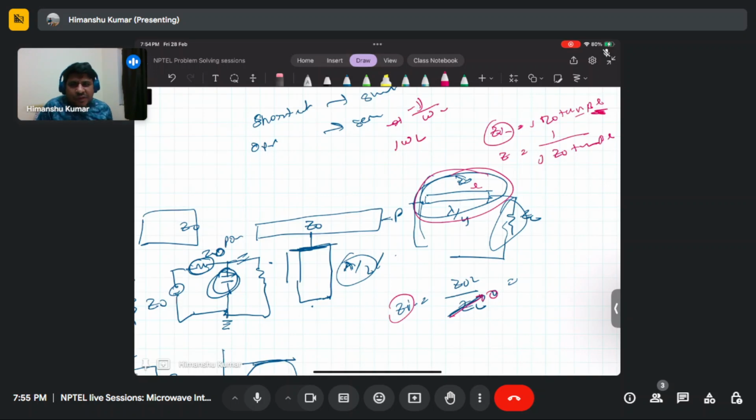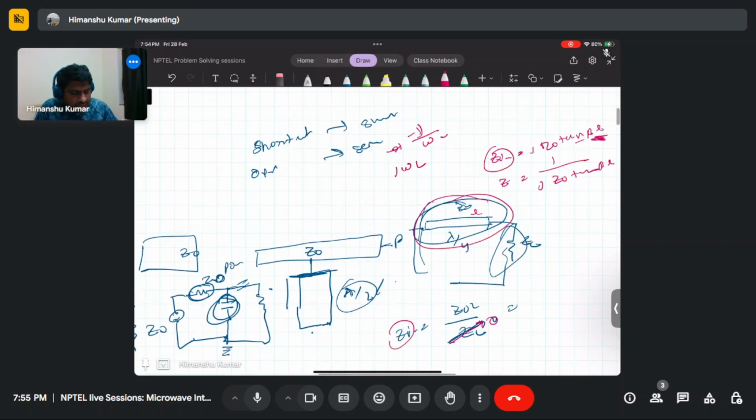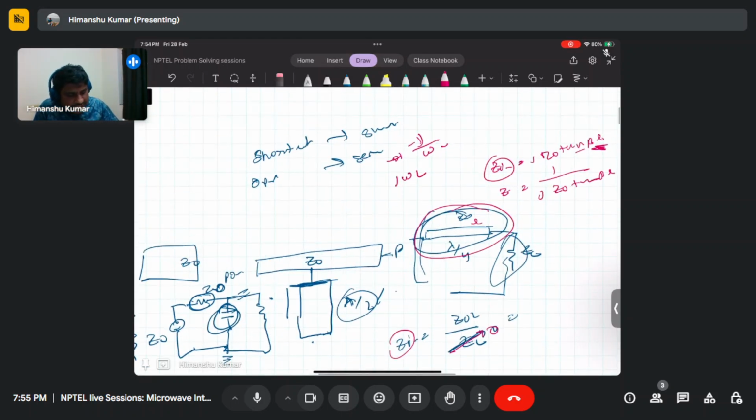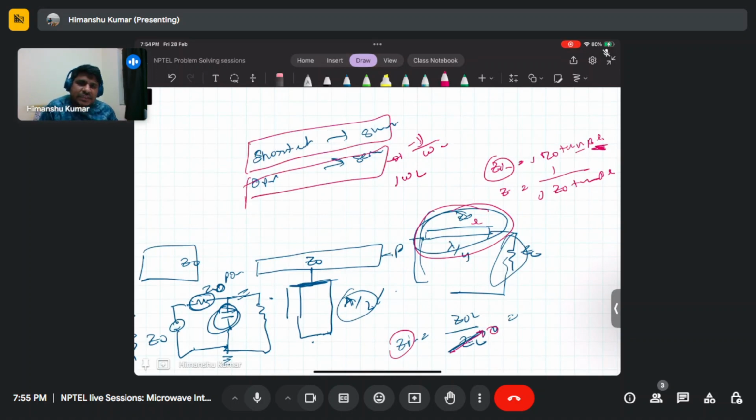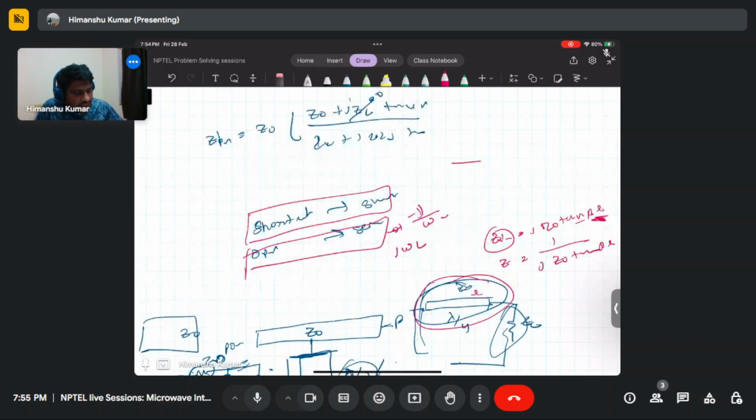So you need to decide which topology is suitable. The normal convention is that the short circuited line is better in shunt and the open circuited line is better in series. Connecting two transmission lines and then connecting the series line in between is very difficult, and matching those is very difficult.